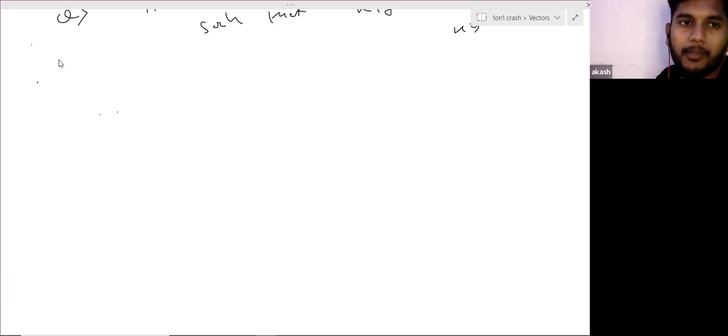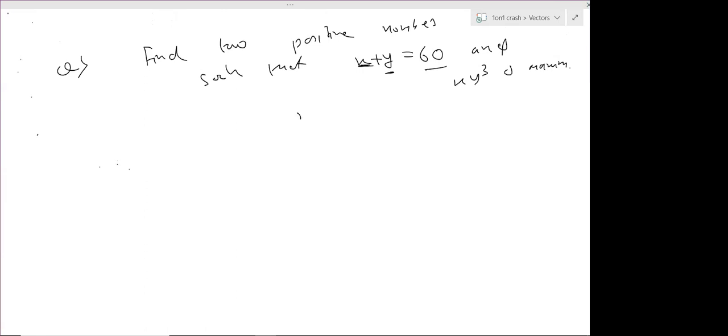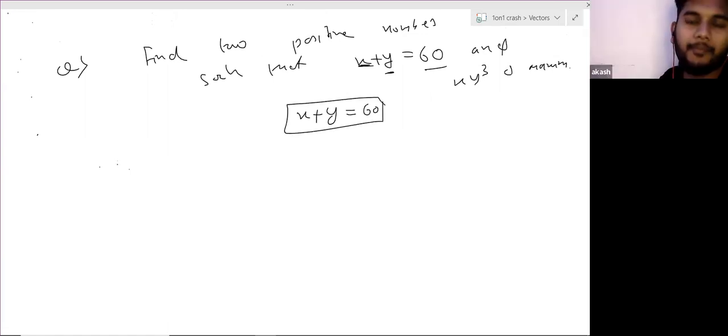Check what mistake you did. Oh, you are making this mistake, right? See, if y is 45, then x must be 15. Because this sum is 60, right? Now is it clear? Yeah.